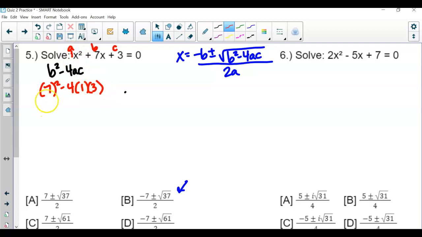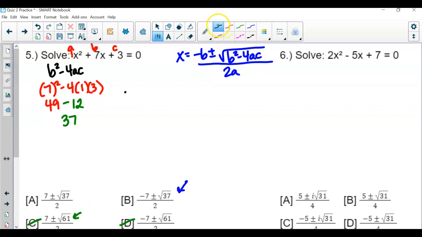Then 7 squared is 49. 49 minus 4 times 1 times 3, which is 12, gives you a discriminant of 37. So I'm going to mark off C and D because I need a discriminant of 37, not 61. Now I'm going to continue.